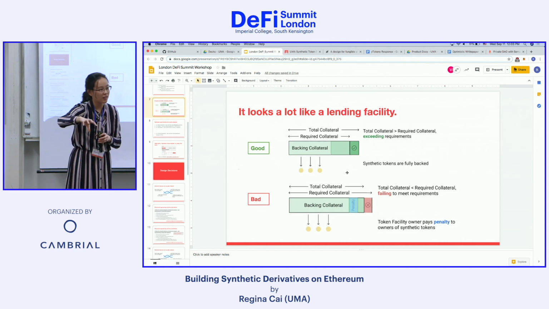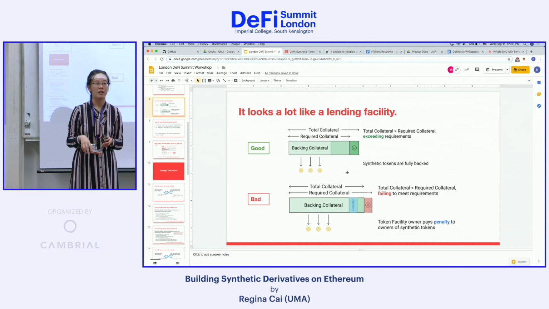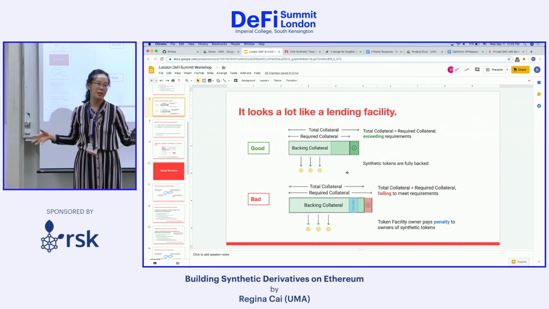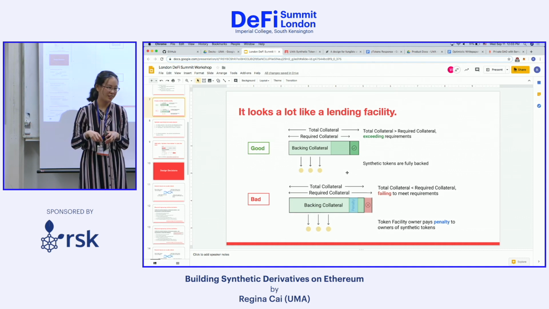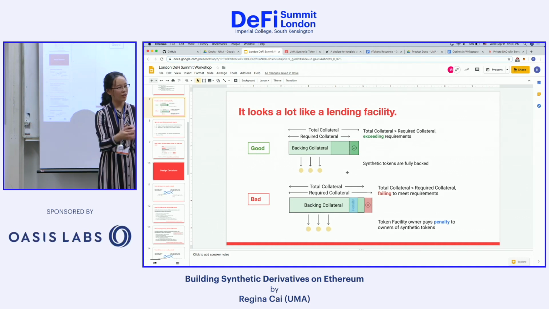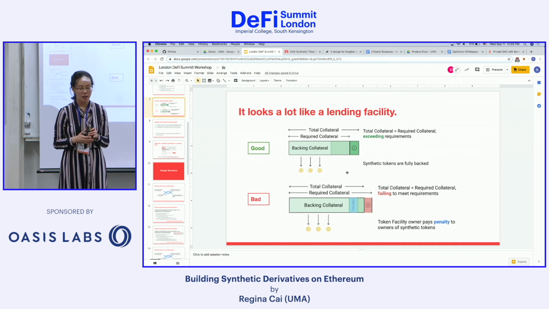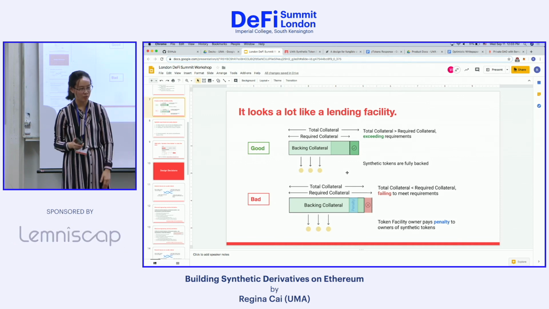I find that approach particularly interesting, because it's bringing things off-chain to on-chain, but in a way that still involves some financial engineering. So that's one way people are approaching it.